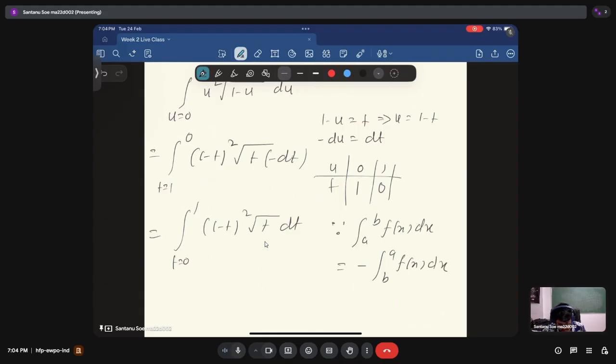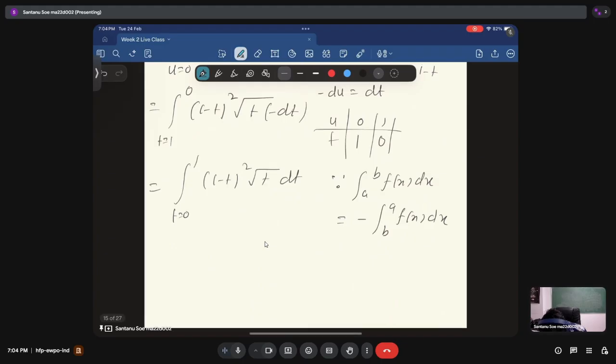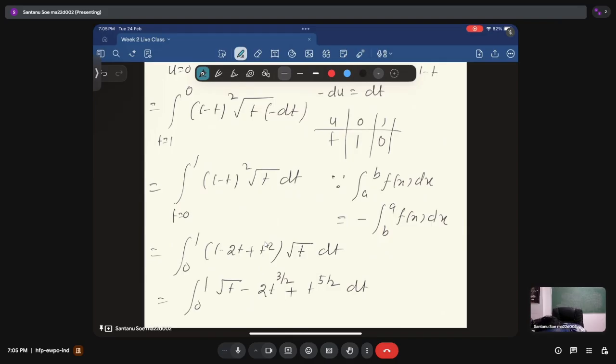This always holds for definite integrals. So it will be the integration 0 to 1 of 1 minus 2t plus t squared into square root of t dt. Correct. So now we can multiply by square root of t. So this will be root t minus 2t to the power 3 by 2 plus t to the power 5 by 2 dt. Correct.